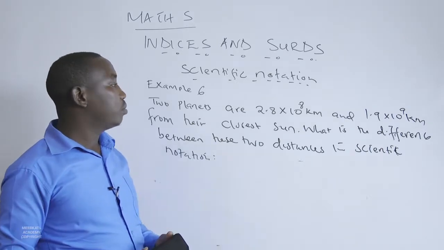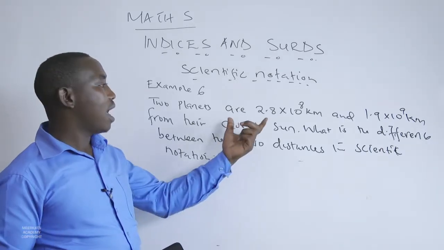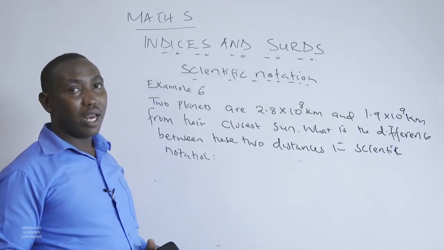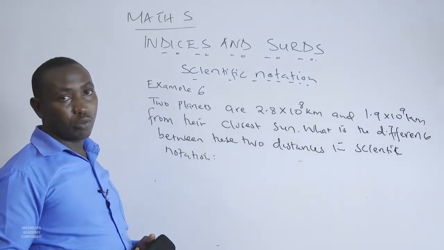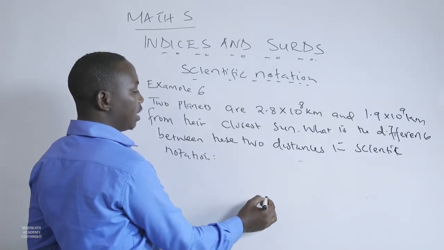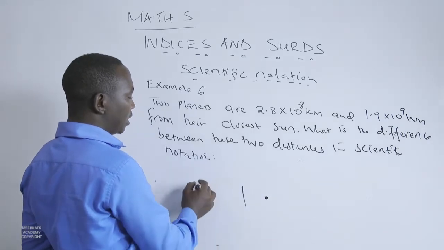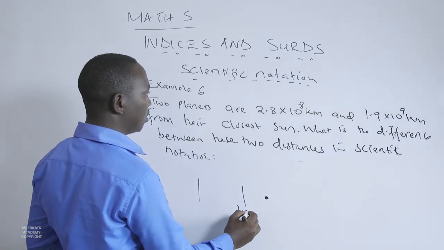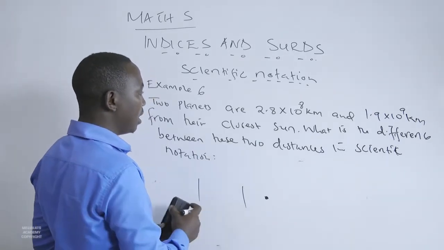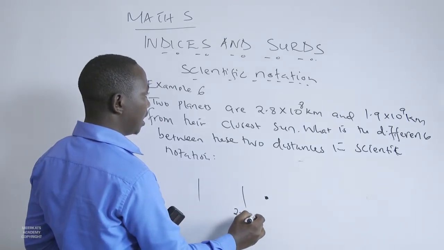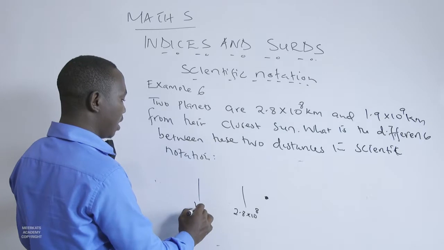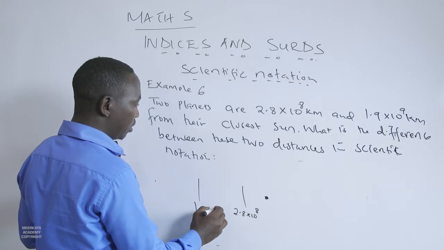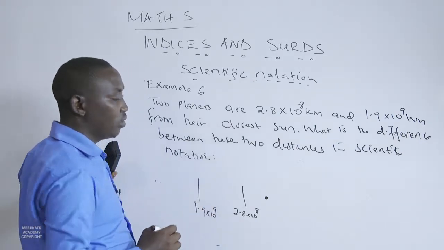So we have 2 planets which are a certain distance away from the closest sun. We are supposed to find the difference between them. Taking that this is the sun, the closer planet is 2.8 times 10 raised to 8, while the farthest is 1.9 times 10 raised to 9.